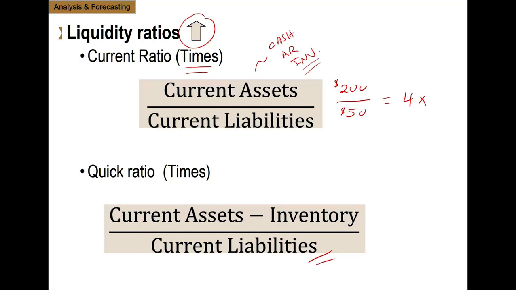And we all know that's not necessarily the case. You may be able to sell it, though of course you may have to sell it at a discounted price if you're in a hurry. But removing inventory completely is not necessarily realistic either. But those are liquidity ratios. How liquid is a company? It basically tries to measure how well it can cover its current obligations.